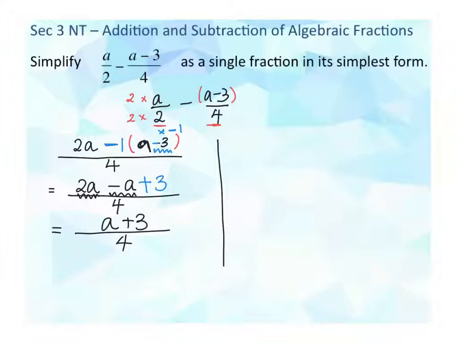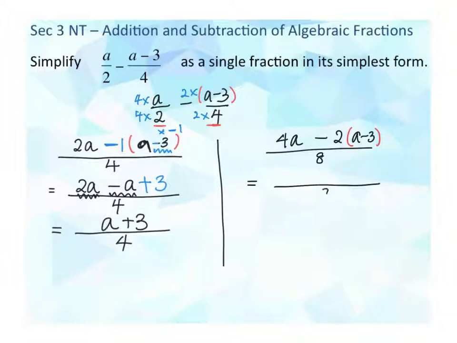Now, some of you might do it the other way around, where you choose to multiply your numerator and your denominator, with LCM as 4, and the other as 8. So some of you might do it this way, where you do times 4 and times 2. This is also possible, so we'll be able to get the denominator 4 times 2 is 8. 4 times a, 4a, minus 2 times the whole of a minus 3.